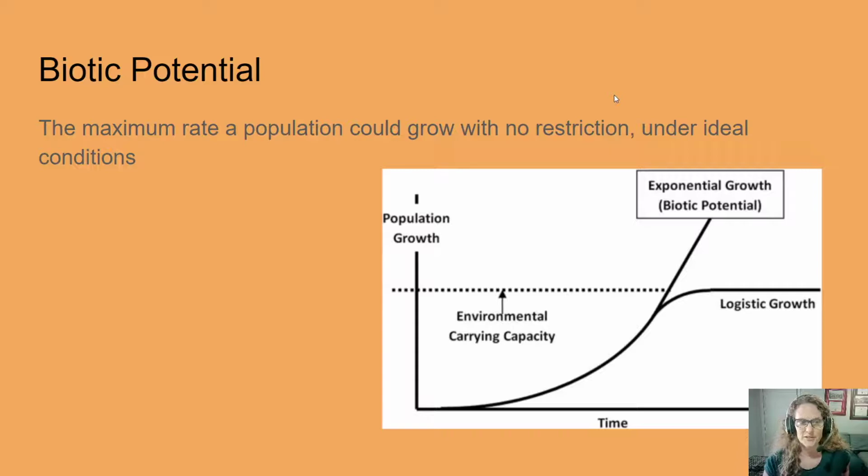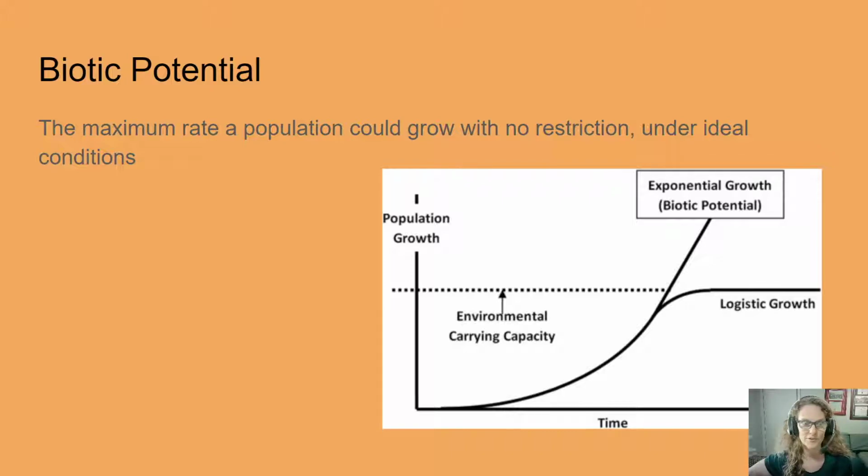So biotic potential is defined as the maximum rate a population can grow without any restrictions under ideal conditions: unlimited food, shelter, resources. If that happened, the population would just skyrocket and get out of control and never be curbed or regulated or stopped.